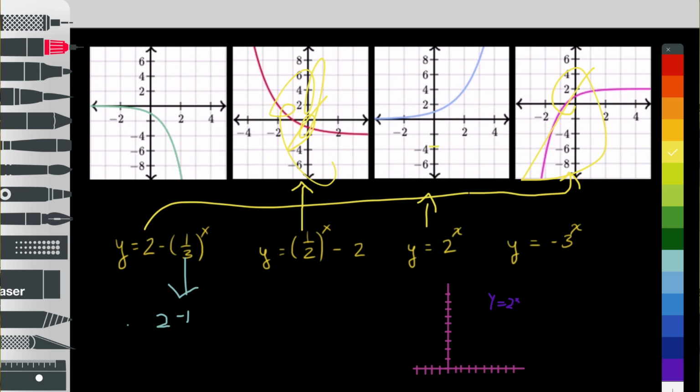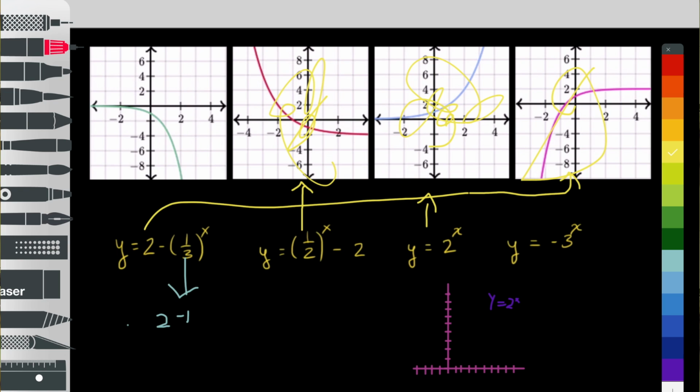So that leaves only one choice left, and this one's crossed out as well. With a little bit of deductive reasoning, you would figure out which one is which, but let's just go through it anyway. y equals -3^x.